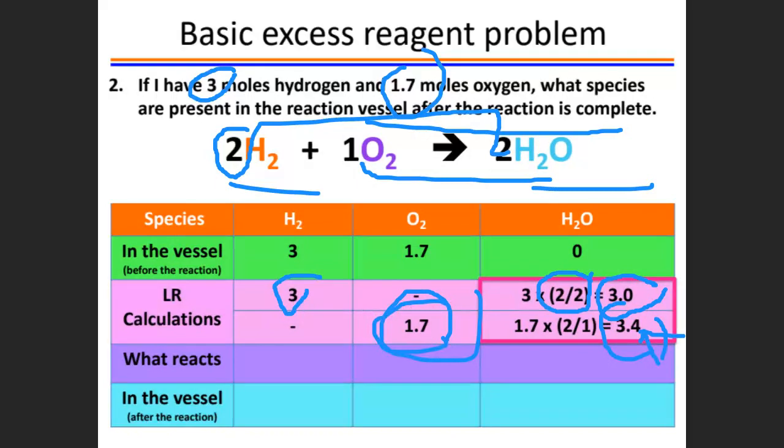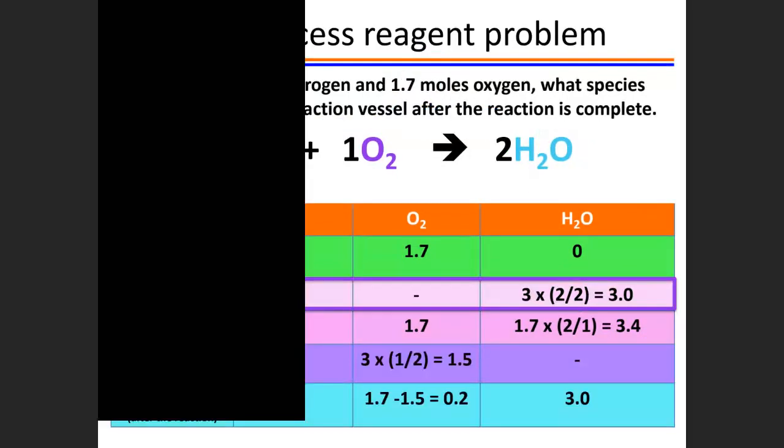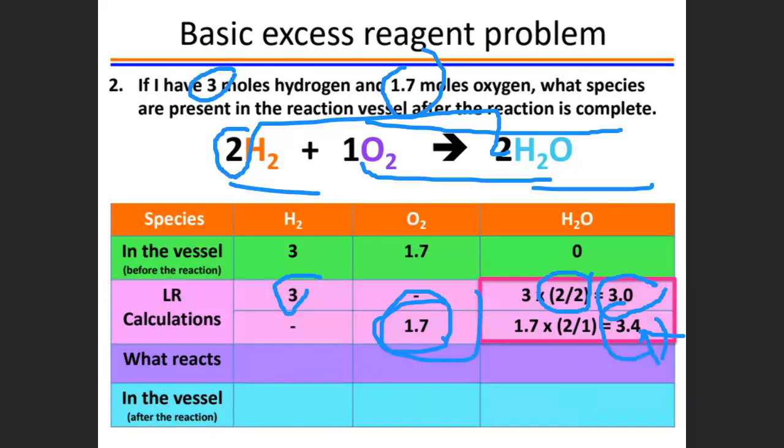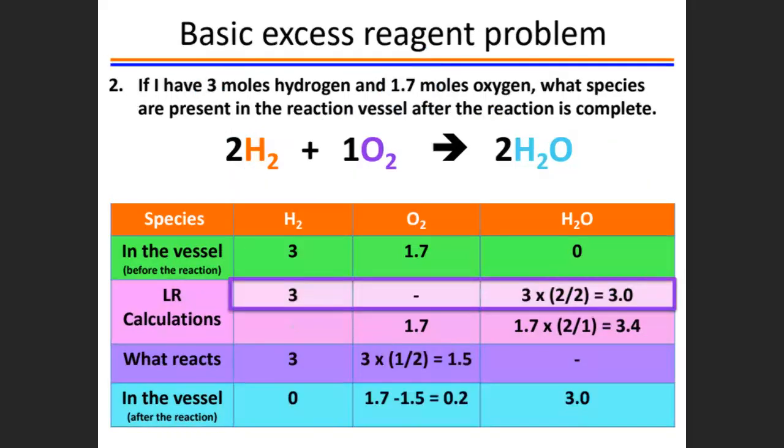So this is a similar type of question, and you can be asked in many different ways. Here, when you do the reaction, you find the limiting reagent and what reacts. 3 mole hydrogen react with 1.5 mole oxygen.